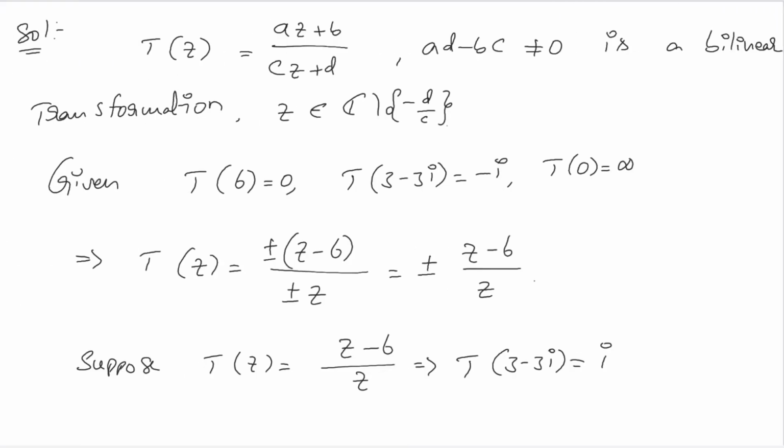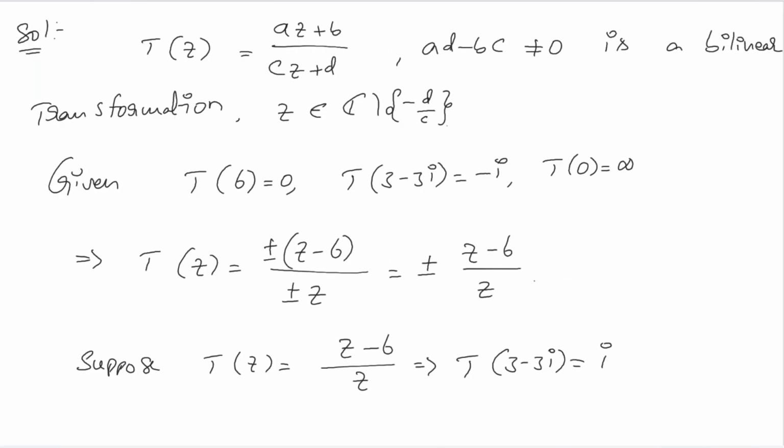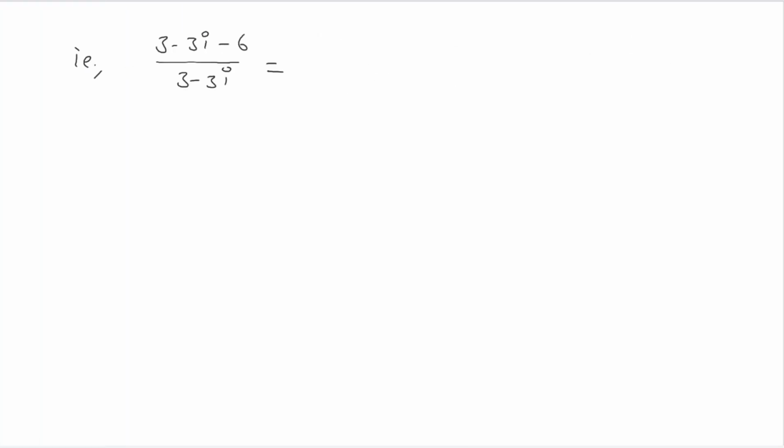Since we have assumed (z minus 6) divided by z and z is 3 minus 3i, I'm just substituting in this expression. So whether we are getting this value as i or not. If it is i, then we can easily see this is our bilinear transformation. So for this, I'm just substituting.